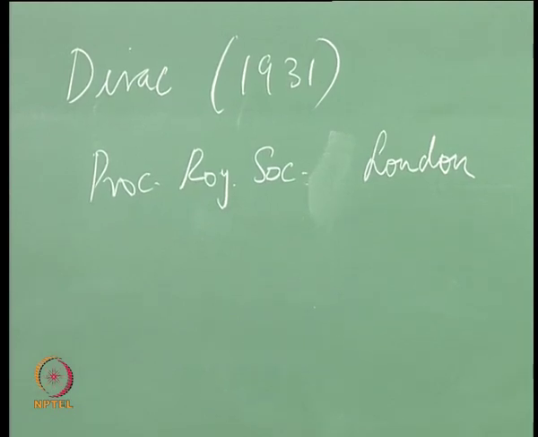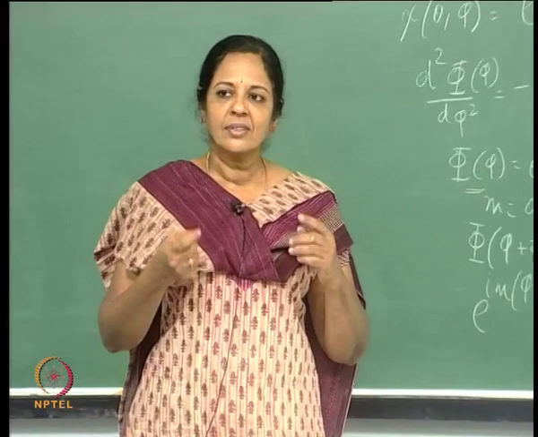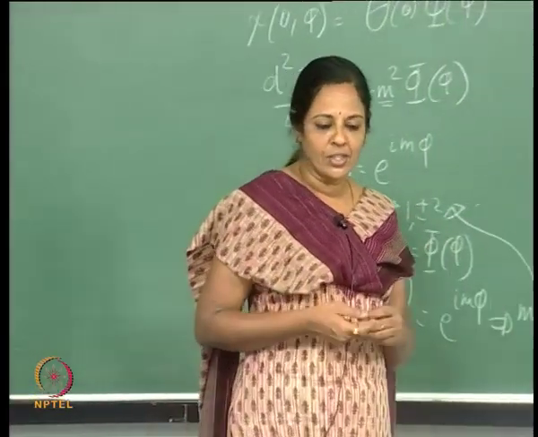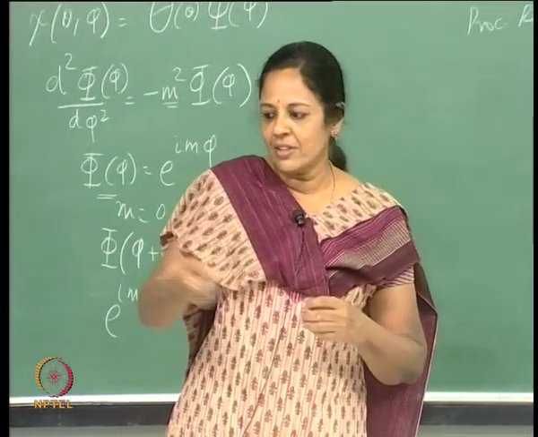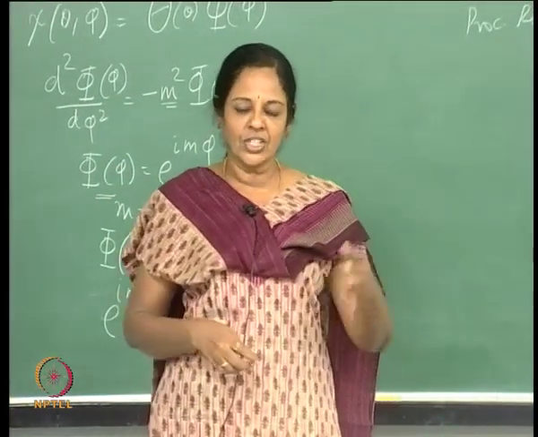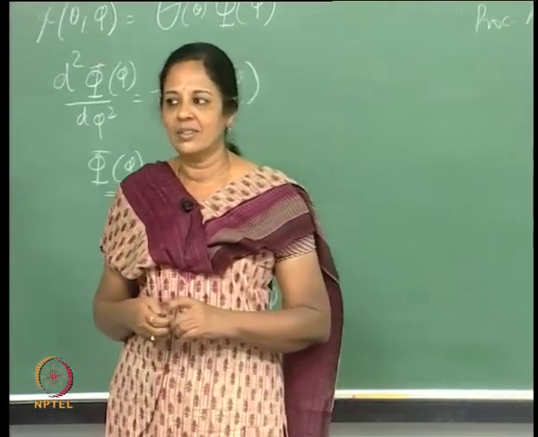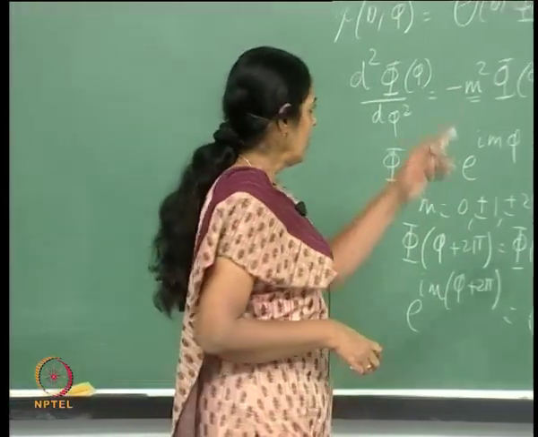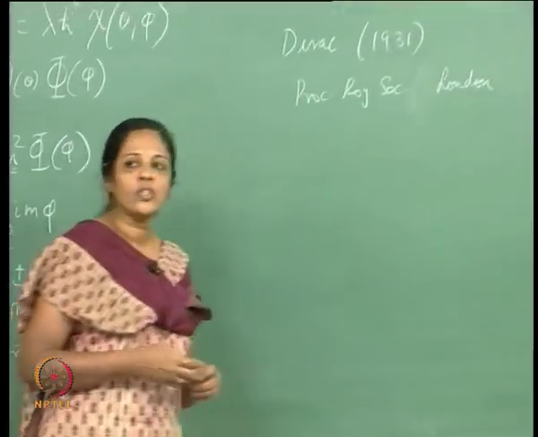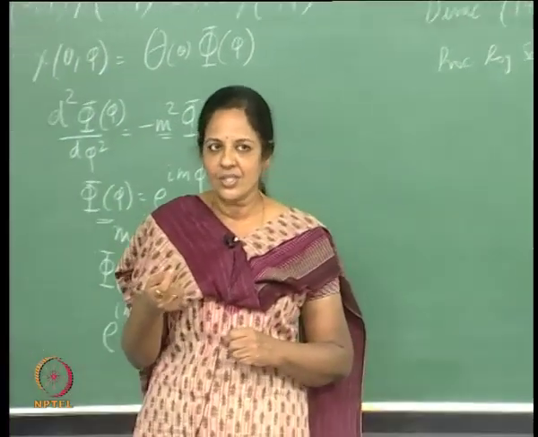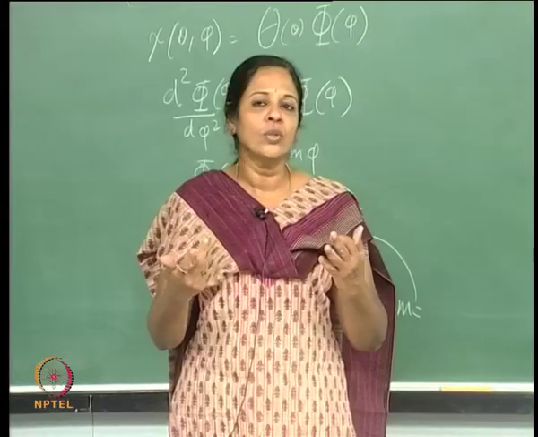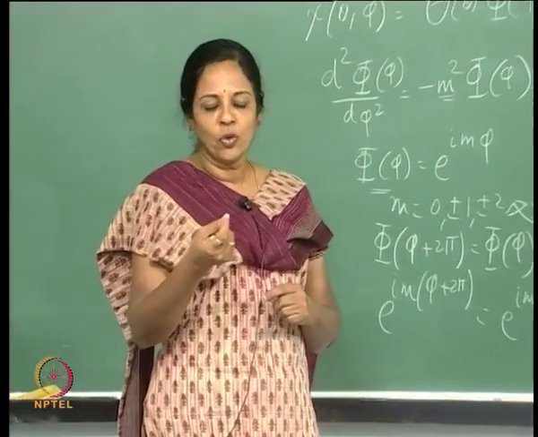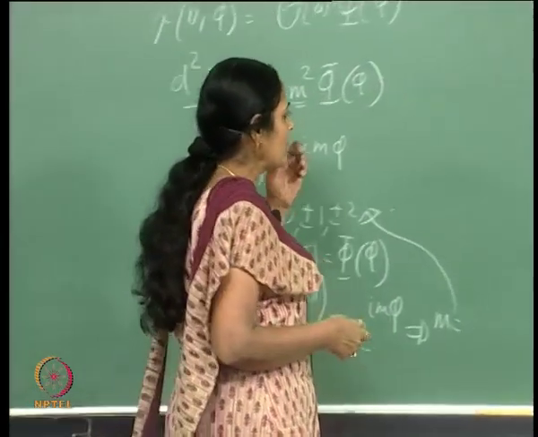What Dirac showed in this paper was that quantum mechanics does not preclude the existence of isolated magnetic charges, like you have electric charges which are integer multiples of e. Dirac showed that in quantum mechanics you can also have magnetic charges, and they will be quantized in units of some g, which is the magnetic monopole, an isolated magnetic charge with magnetic charge g.